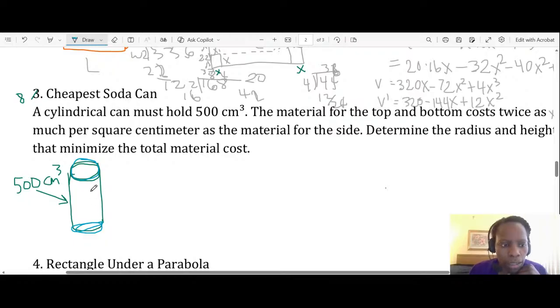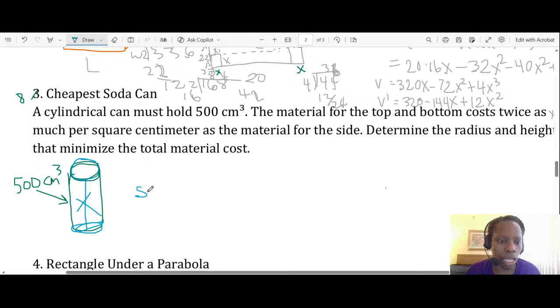So the side right here, if we were to cut it open and flatten it out, that's the material for the side. So that will be the height.